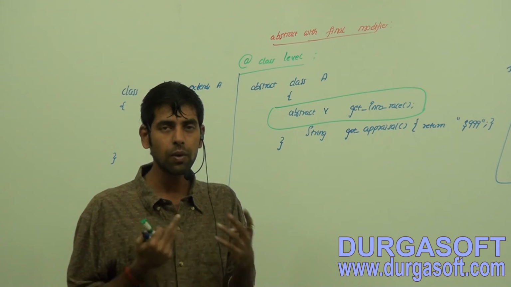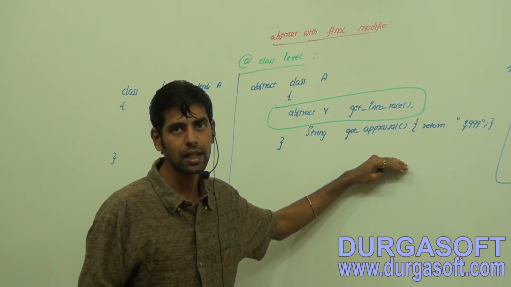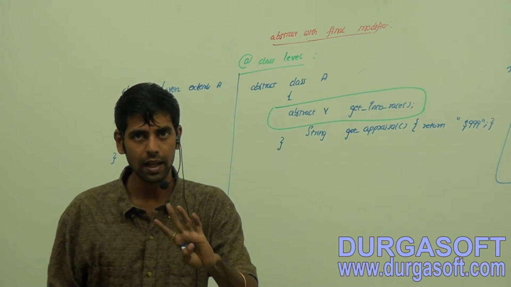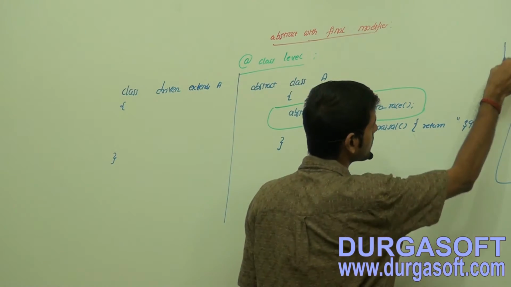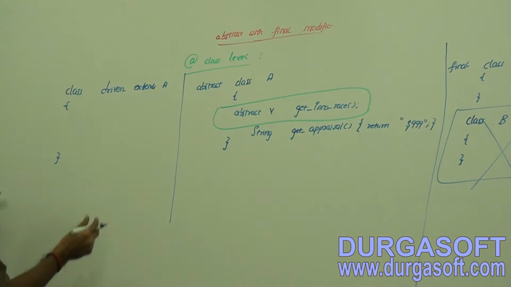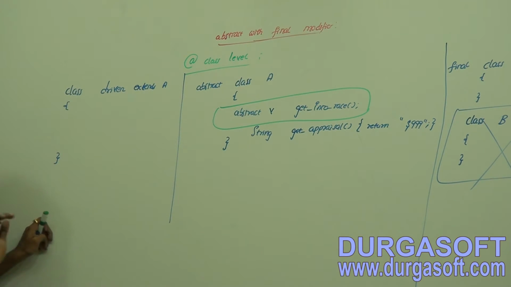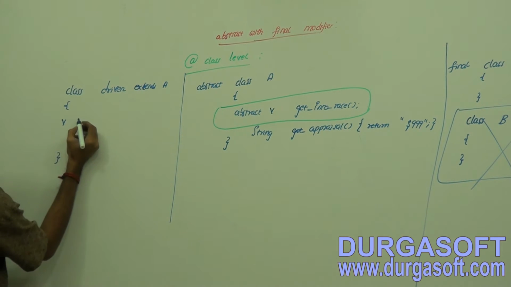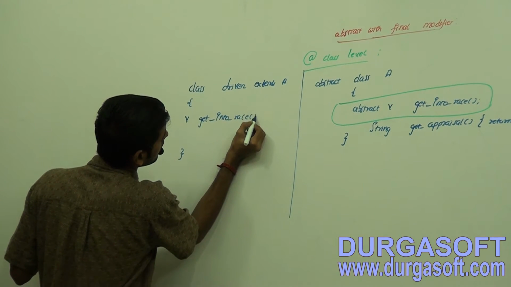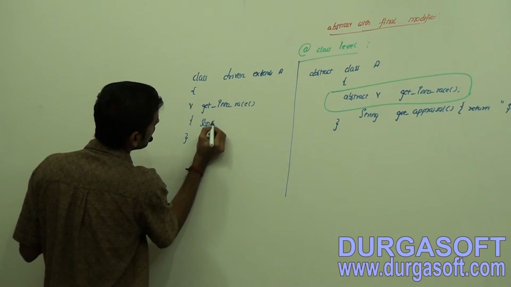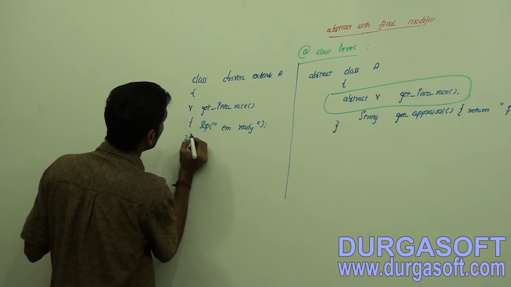If I don't want to provide that implementation, we are going to discuss that later. First let us discuss this one. So definitely this class should provide implementation for getIntoRace. Let me provide implementation: SOP of I'm ready.